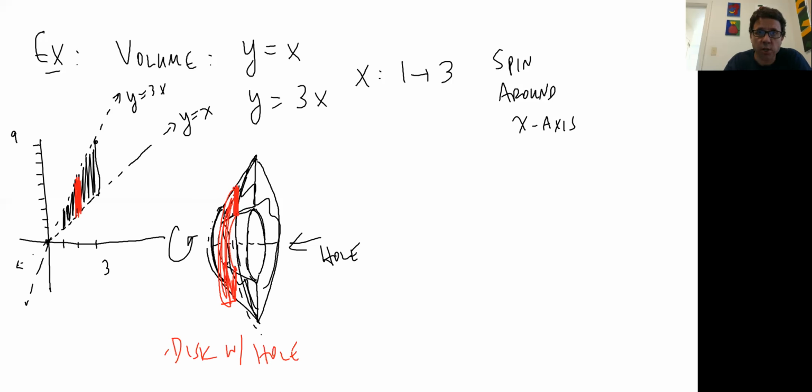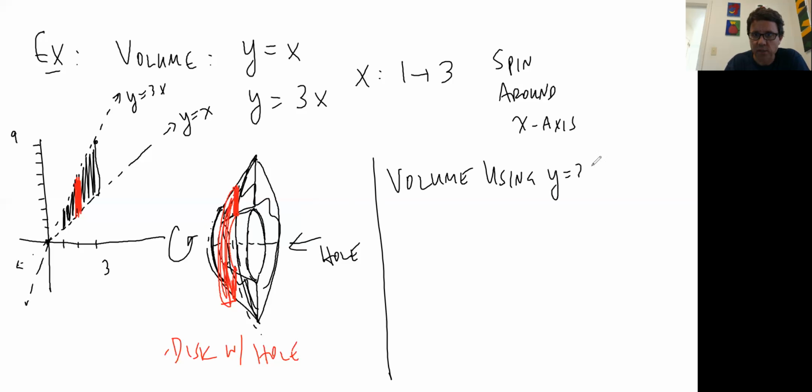But just like you did, hopefully, if you did the homework, all you need to do is think of this as two volumes, one taking away the other. So it's the volume using y equals 3x, take away the volume using y equals x.